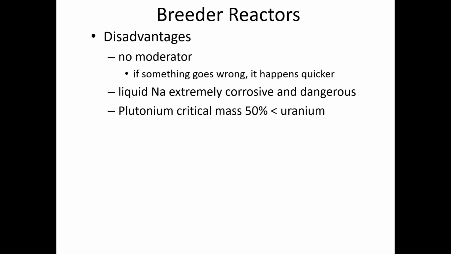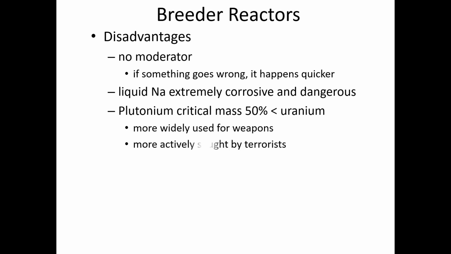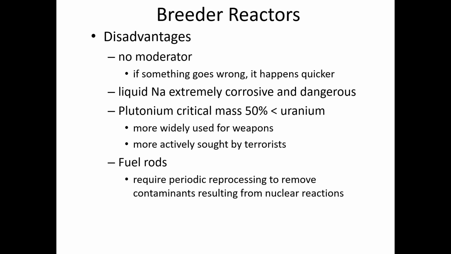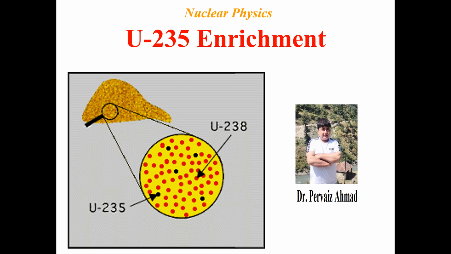The third disadvantage is that the plutonium critical mass is 50% smaller than that of uranium, so it is most widely used for weapons, and more actively sought by terrorists. The fuel rods require periodic reprocessing to remove contaminants resulting from the nuclear reaction, so cost considerations can be a problem.